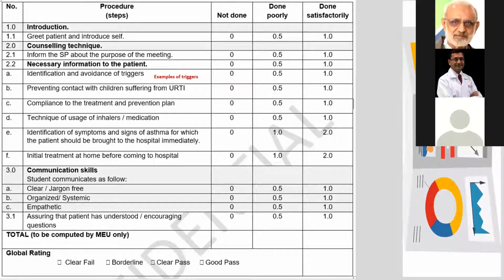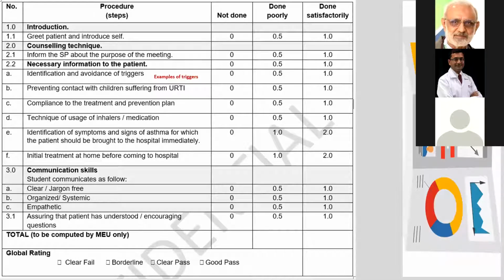For example, in introduction, whether the candidate would greet the patient and introduce himself or herself. In counseling technique, whether the candidate would inform the patient about the purpose of meeting, and then whether he or she would be able to provide necessary information to the patient.